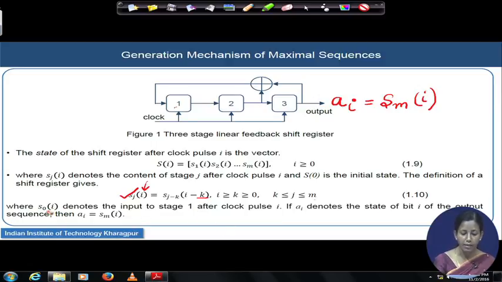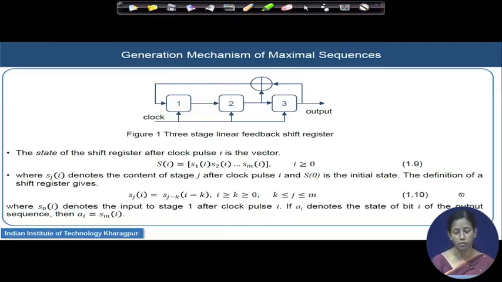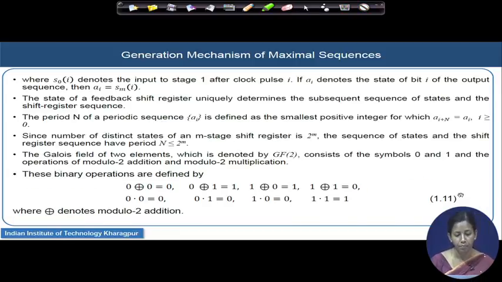Also, we are getting what is the value stored in the ith with the 0th position, and also how the output bits are related with the last stored value. We will relate all these points in the next derivation.